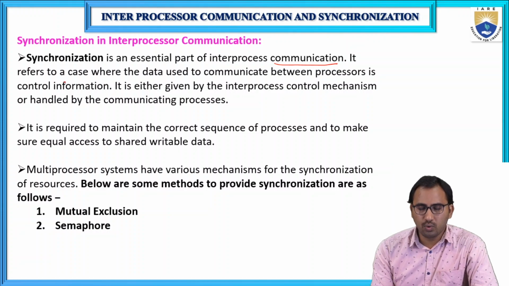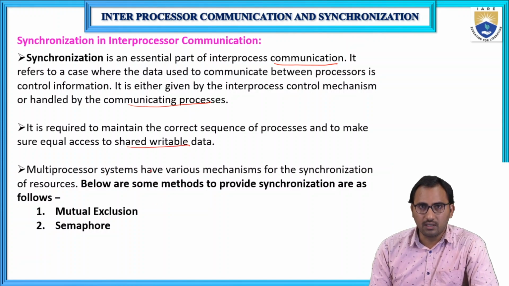It refers to a case where the data used to communicate between processors is control information. It is either given by the inter-process control mechanism or handled by the communicating process. It is required to maintain the correct sequence of processes and to make sure of equal access to shared writable memory.